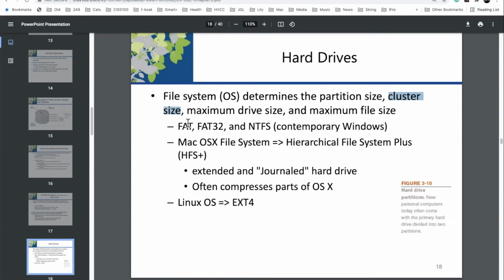I want to change one piece of data. Well, if my cluster is 16 sectors, okay, 32 sectors, I need to read all of that into memory, okay? So there's going to be a larger slowdown than me reading a 4-sector cluster into memory.